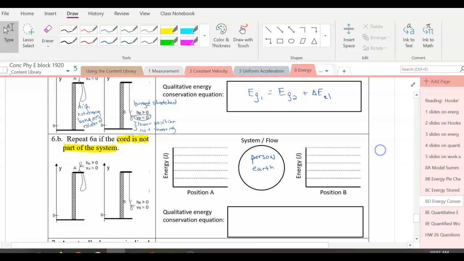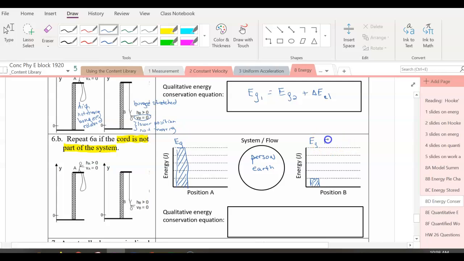Otherwise the situation is completely the same. So again, we're beginning with all of the energy in this person's system stored as gravitational potential energy. And at the end, there is much less gravitational potential energy. The person is much closer to the ground. They're not moving, so there's no EK.